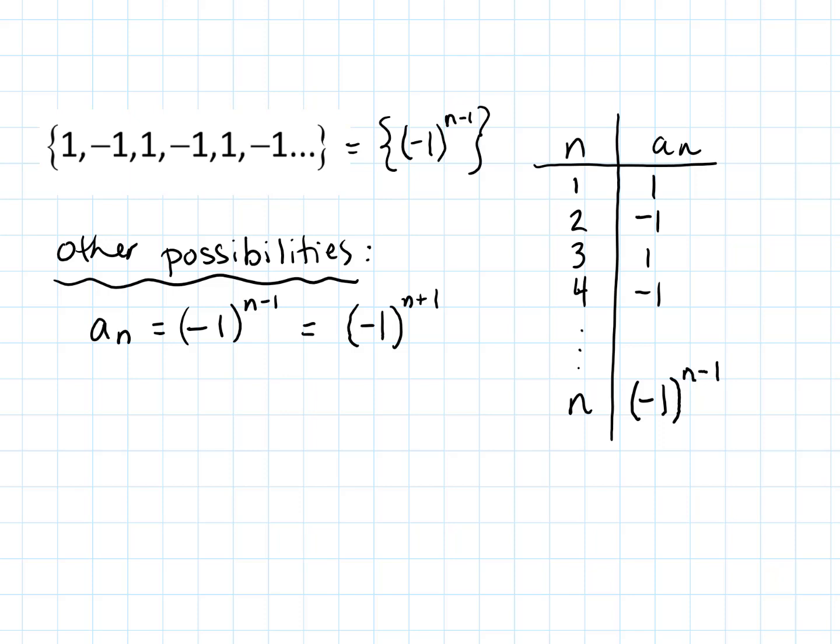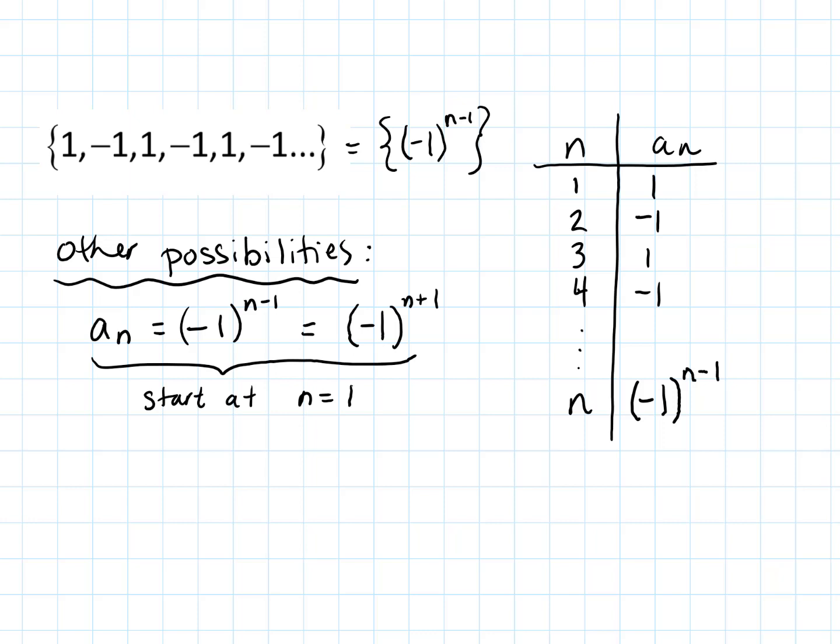So when I subtract 1 or add 1 on the switch, that's keeping the same switching pattern. Now, this is, of course, assuming that we're starting at n equals 1. So these two possibilities assume we start at n equals 1.